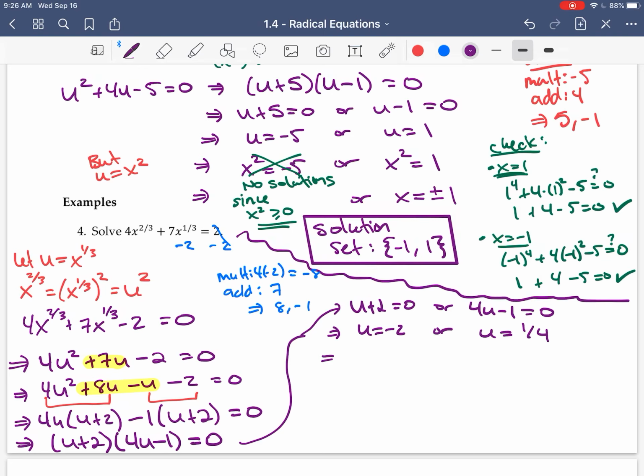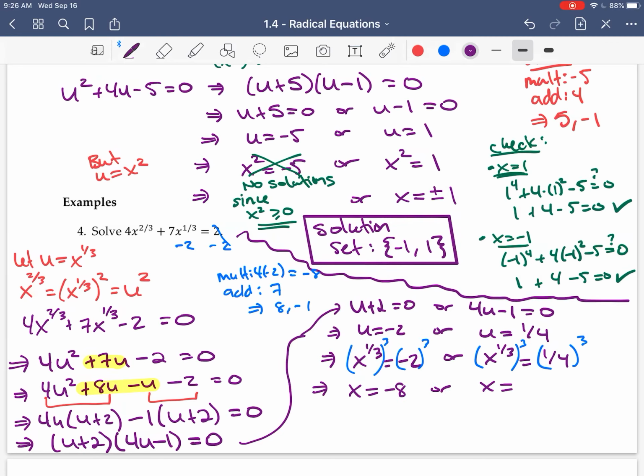So now we want to go back to x's. So that actually means that x to the 1/3 is negative 2, or x to the 1/3 is 1/4. So then if I cube both sides to solve for x, this means that x is equal to negative 8, or x is equal to 1 over 64.